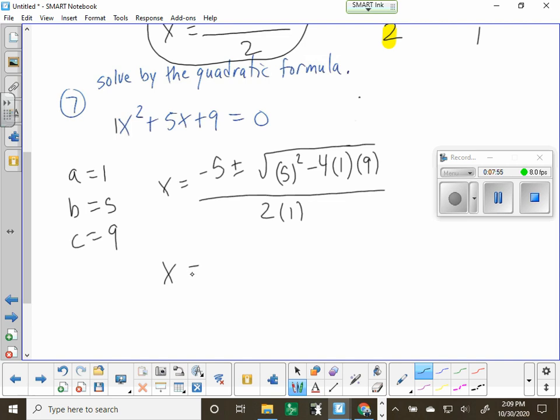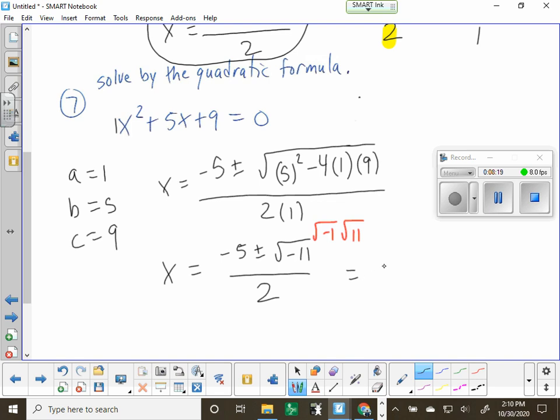X equals negative 5 plus or minus square root. Okay, well that's 25 there, and that's 36. So it's 25 minus 36 is negative 11, all over 2a, which is 2. Red pen. I'm going to split this up into the square root of negative 1 and the square root of 11.